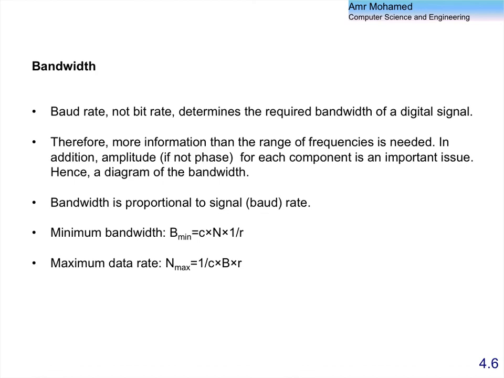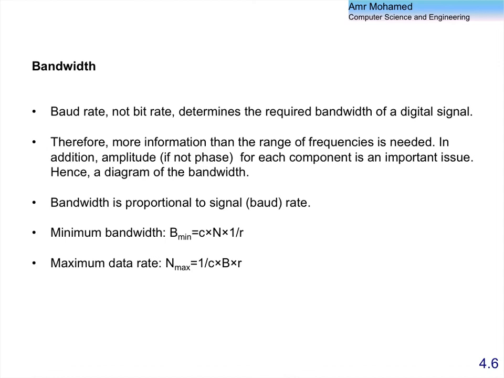So the bandwidth, we know that there is a direct relationship between the baud rate and the bandwidth. So more information than the range of frequencies is needed. In addition, the amplitude for each component is an important issue, as we have studied before.